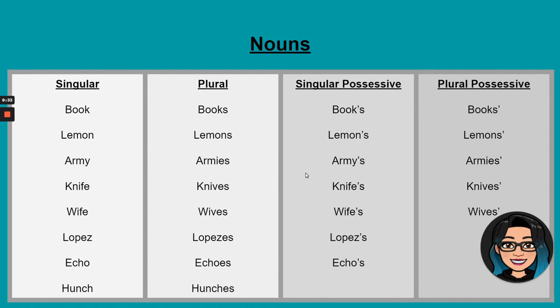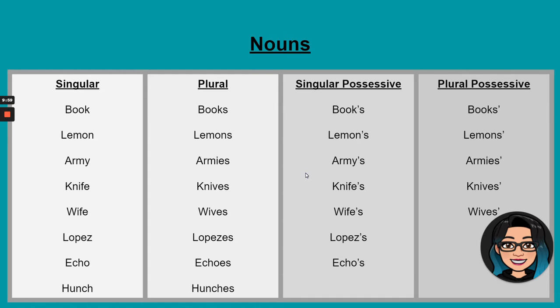Now for the singular possessive, echo's would be ECHO apostrophe S. And for the plural, echo is not something where there are multiple echoes that can be possessive of something.